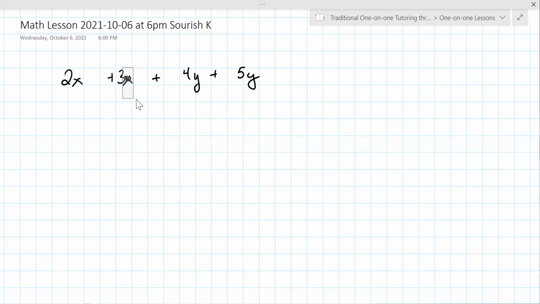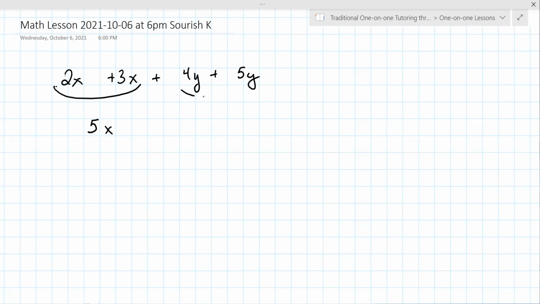We're going to be doing that very soon, this week. Okay, sure. So let's just look at these first two. 2x plus 3x. How many x's do I have if I have 2 here and 3 here? I have 2 of them here and 3 of them here. So how many do I have total? 5x. Okay.